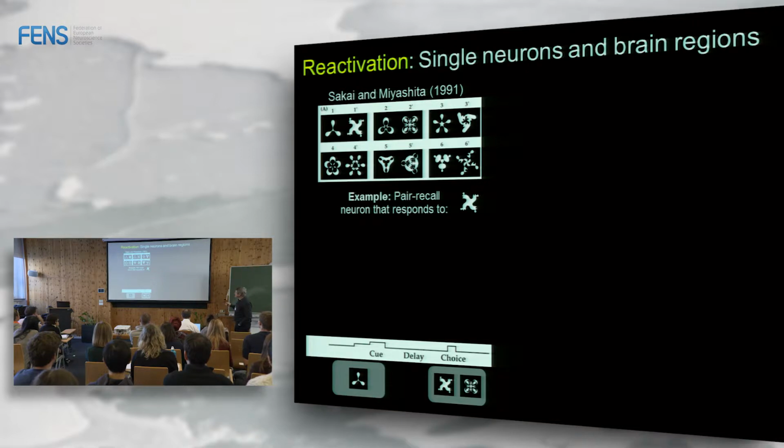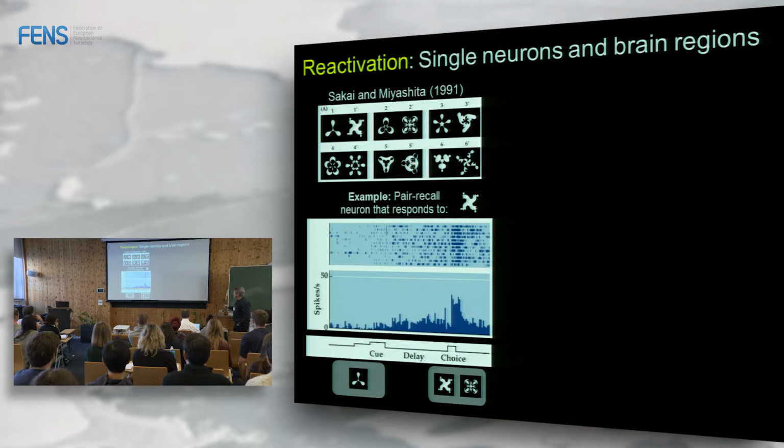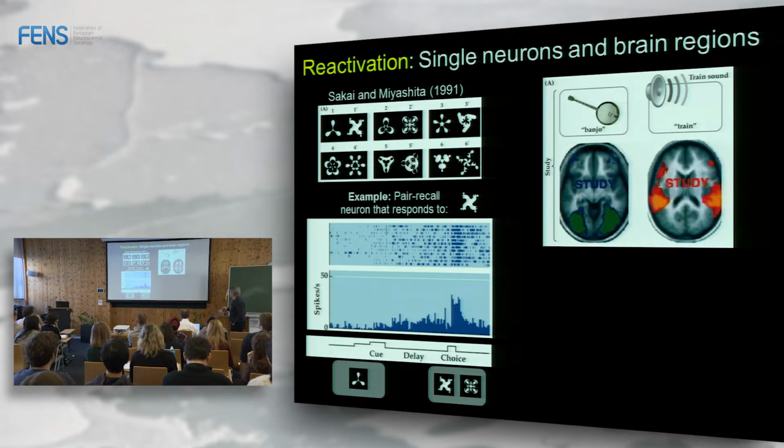They found that the neuron that represents the correct response starts firing before you actually make the choice, which suggests that this information is being recalled. This neuron becomes active as the monkey is recalling the corresponding element. So this would be reactivation at the neuronal level.